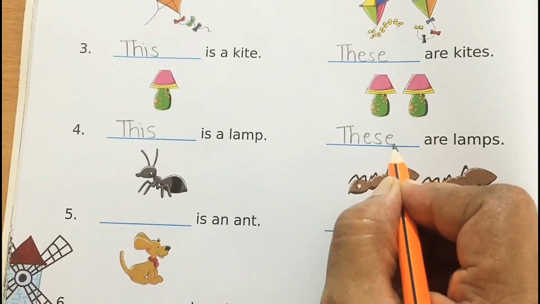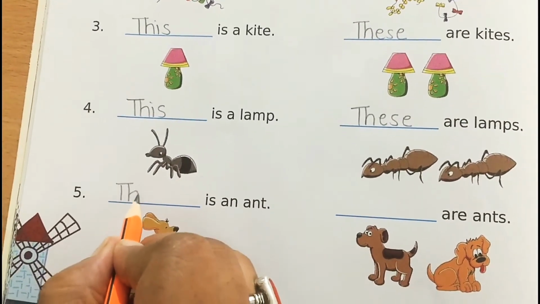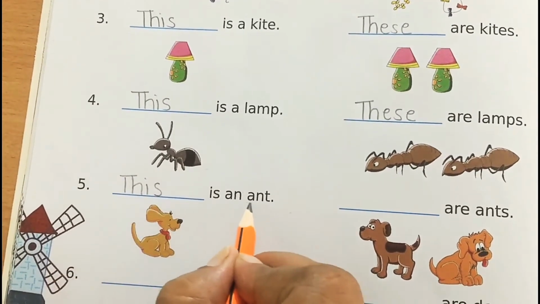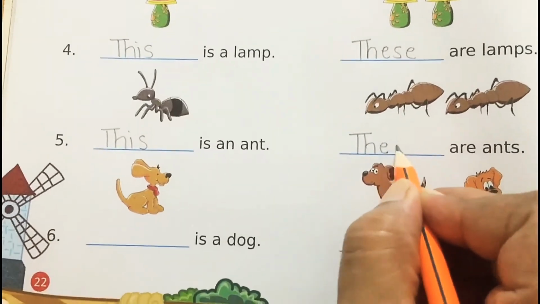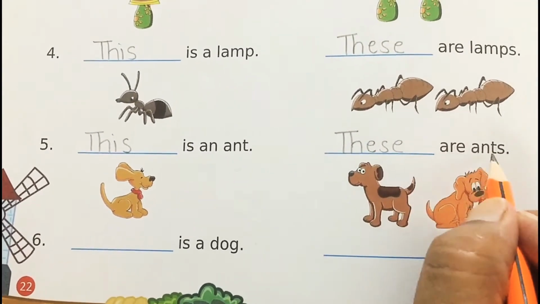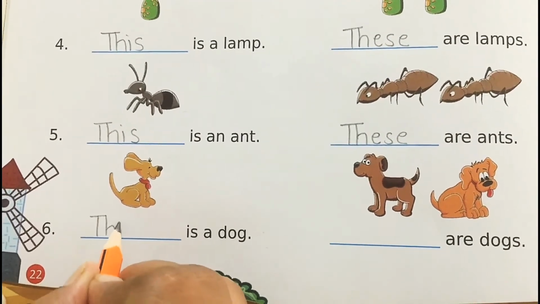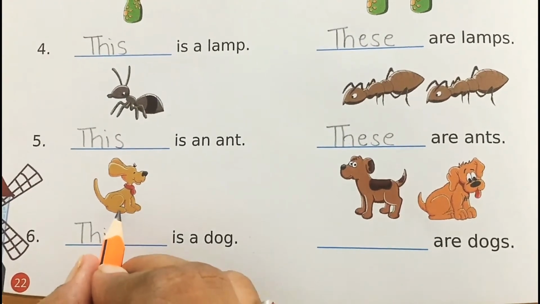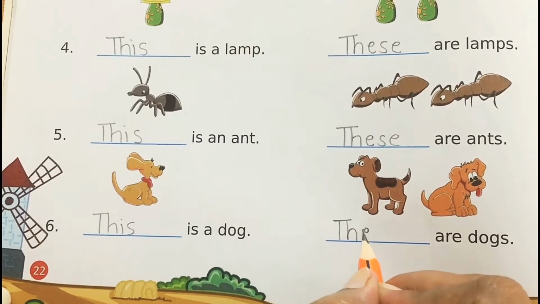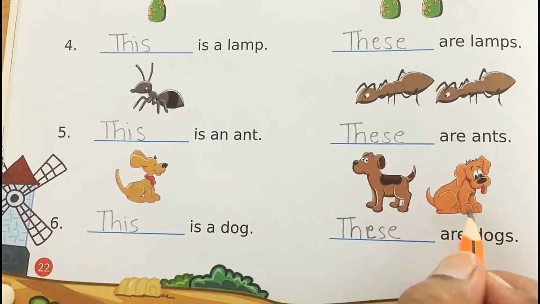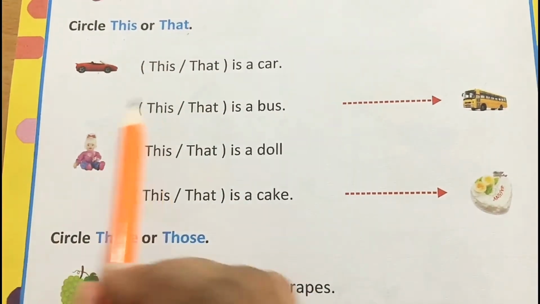These are lamps. This is an ant. These are ants. This is a dog. These are dogs.